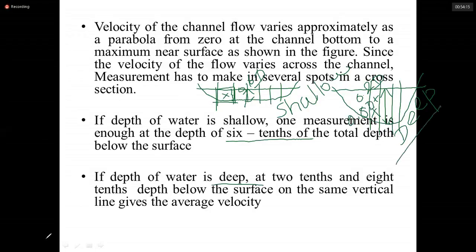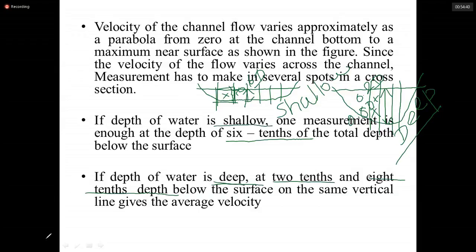So for the deep stream, 2/10 and 8/10 depth from the surface, and for the shallow stream, 0.6d depth from the surface. So for these two types, you need to consider whether it's shallow or deep.